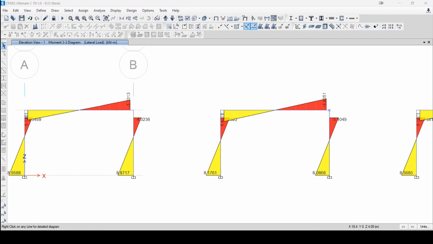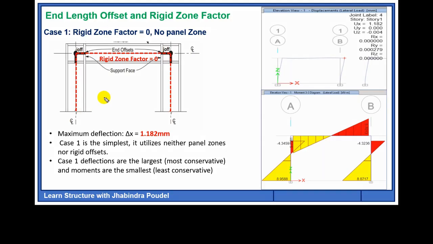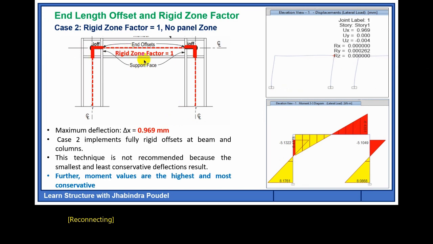Okay, this is the second case. The rigidity factor is considered as 1. It means this portion is excluded. It means the structure is fully rigid and the length of overlap also increases the stiffness of the structure, because in the case of rigid zone factor equal to 1, the cross-sectional elements at the junction overlap.